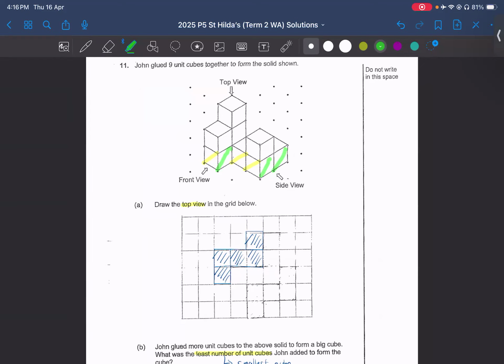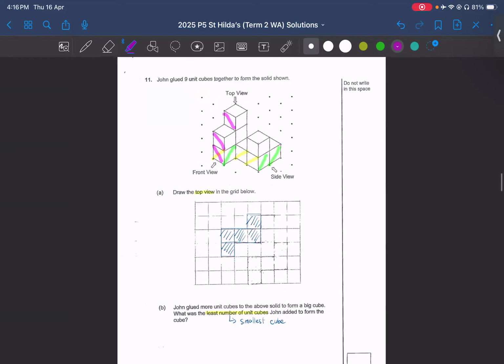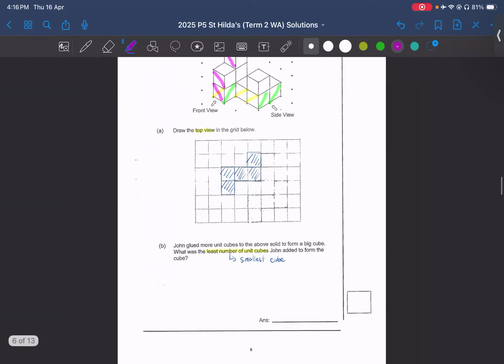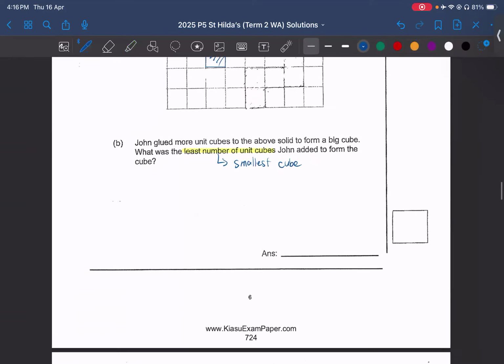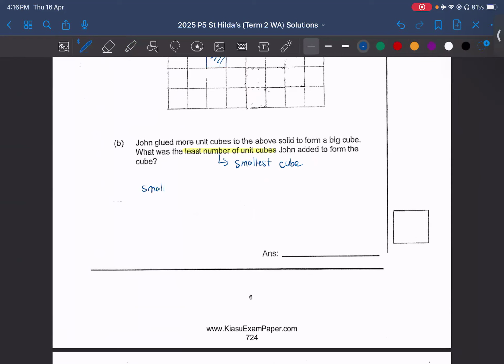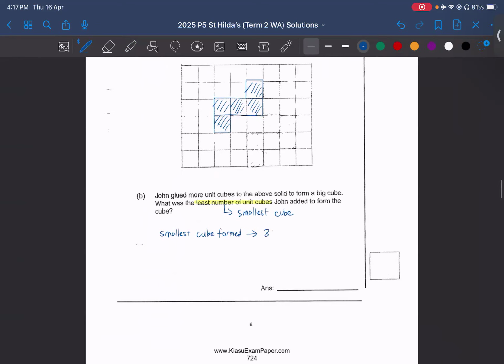And if you look at your height carefully, you realize that you have 1, 2, 3 cubes along the height. So in this case, the smallest cube that I can form would be a 3 times 3 times 3 cube, which is 27 cubes in total.